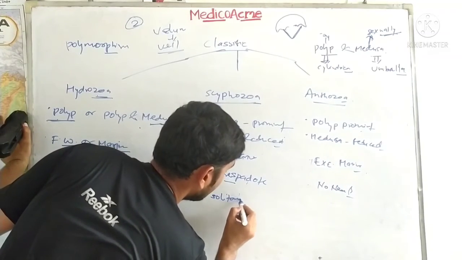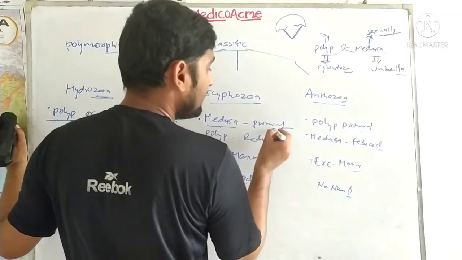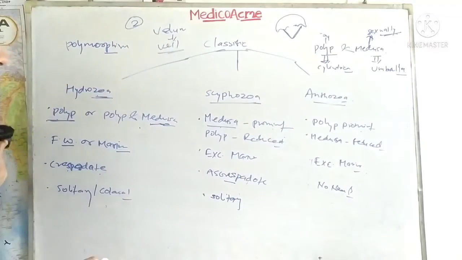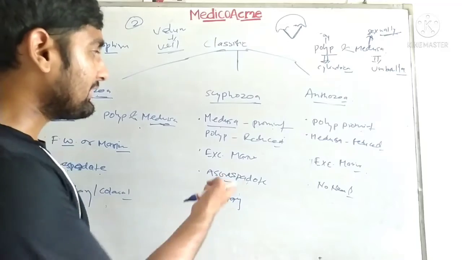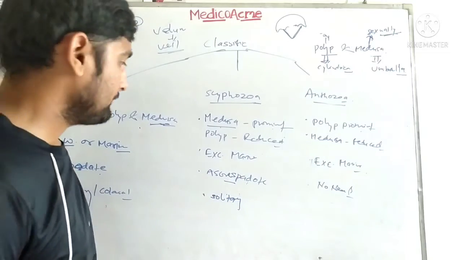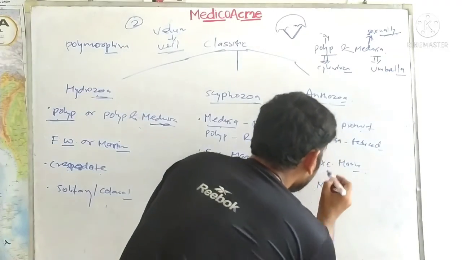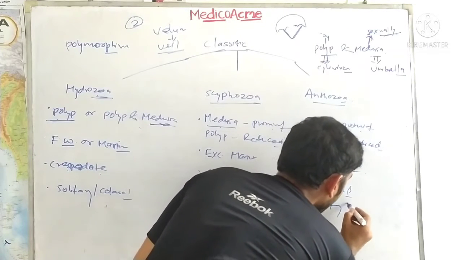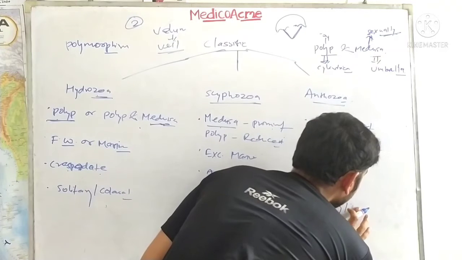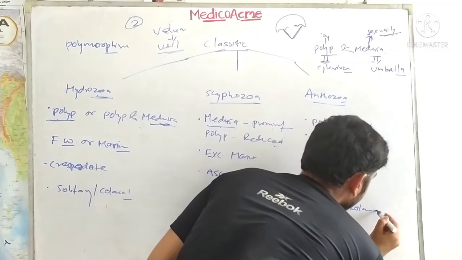Solitary why? Because medusa is prominent here. Medusa is a sexually active form, so they can live their own life because they are sexually active, like us. This can have the polyp prominence, so it can be solitary or colonial existence. Okay.